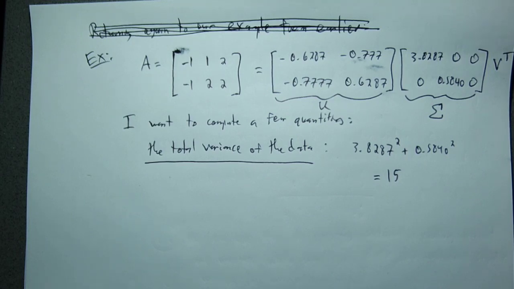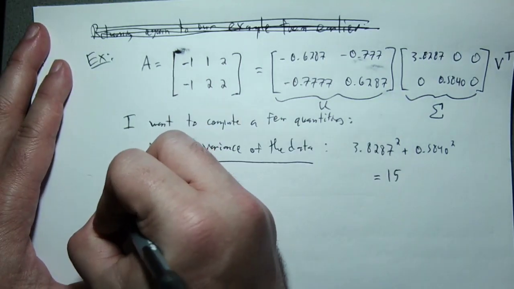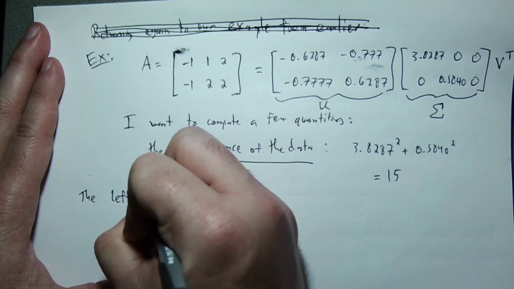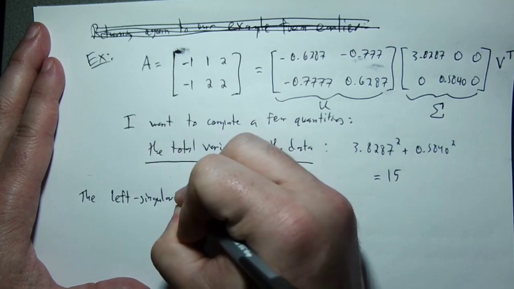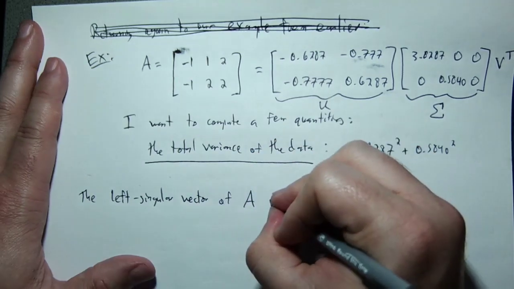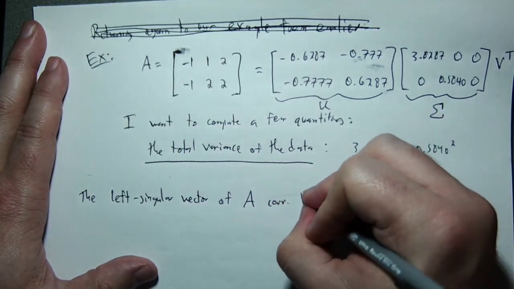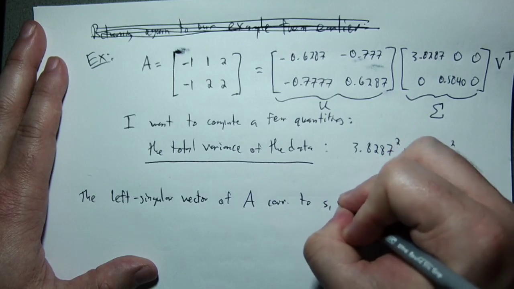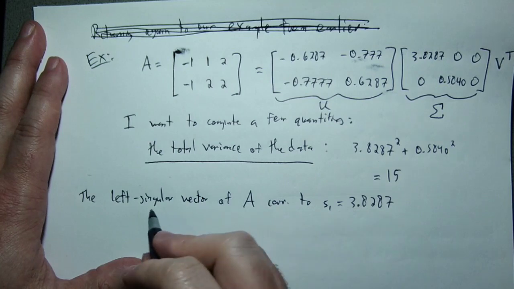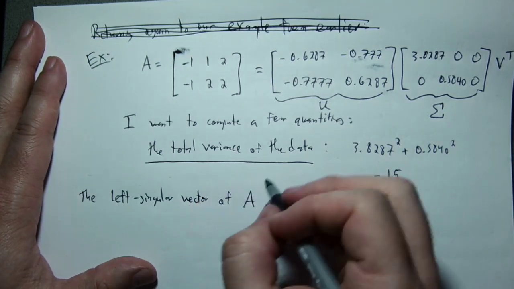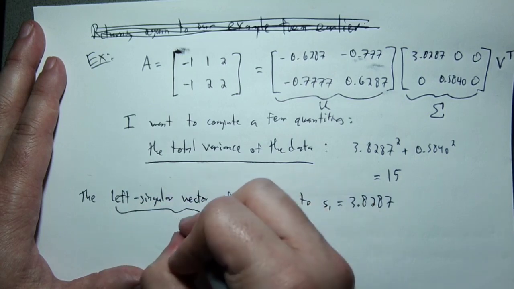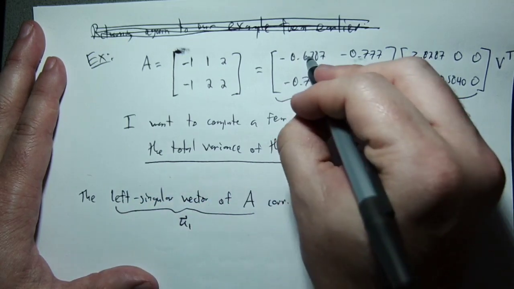All right. So the left singular vector of A corresponding to S sub 1, which is 3.8287, is U sub 1, which is up here.